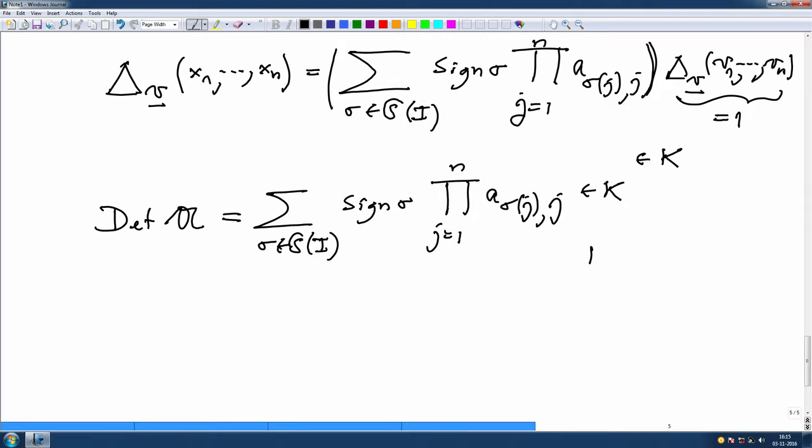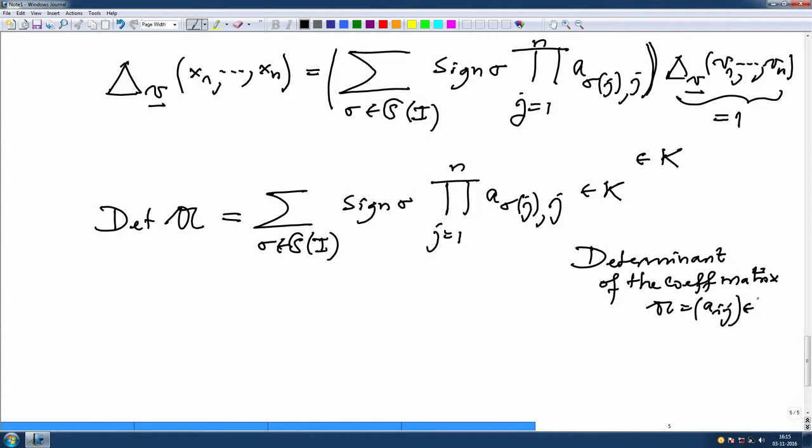It is called the determinant of the coefficient matrix A equal to (aij). This is a matrix in M_n(k).